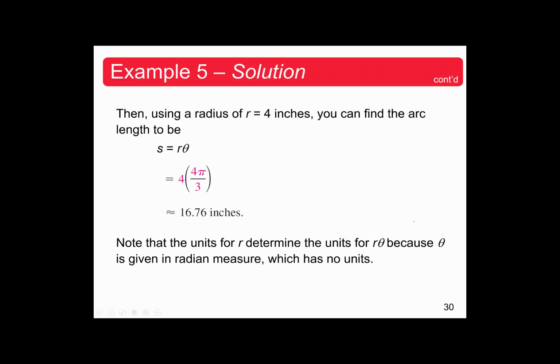If you want to turn it back, you can replace pi here with approximately 3.14, put it in the calculator, and the calculator will give you this result. The arc length has the same unit as the radius.